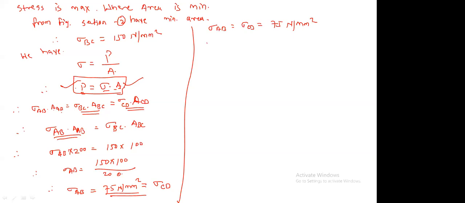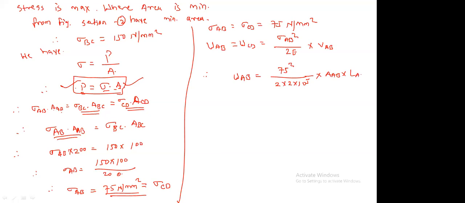Then calculate U of AB is equal to U of CD is equal to sigma AB square upon 2E into volume. Okay, then put the value. U of AB is equal to sigma of AB we have calculated 75 square divided by 2 into 2 into 10 raised to 5 into volume of AB, which means area of AB into length of AB.